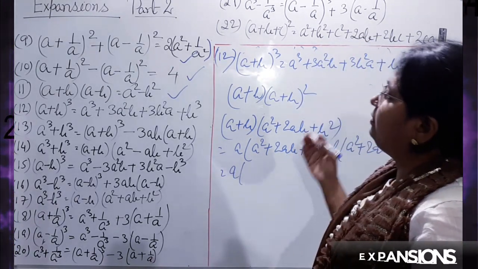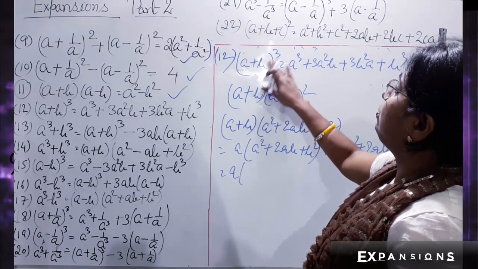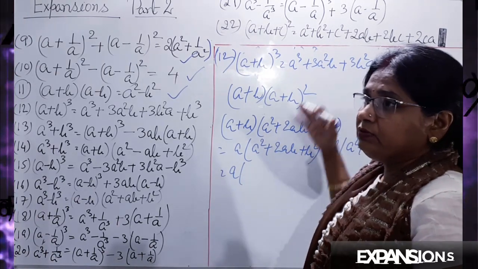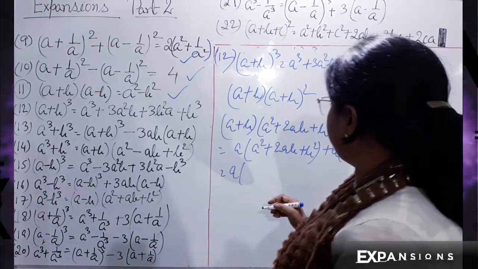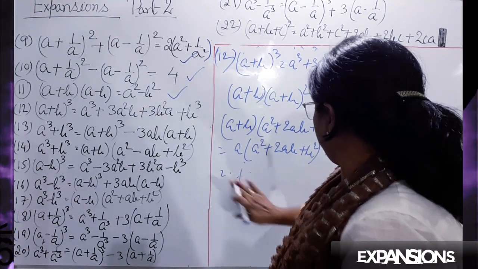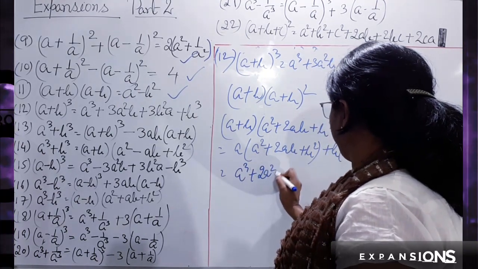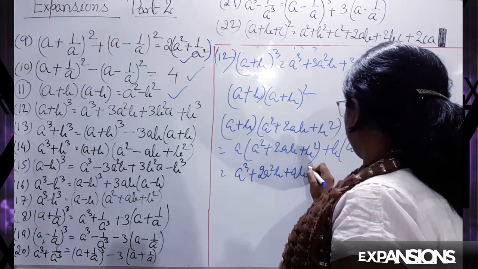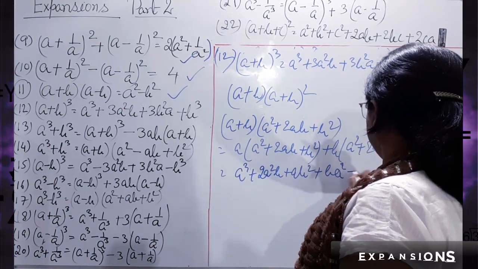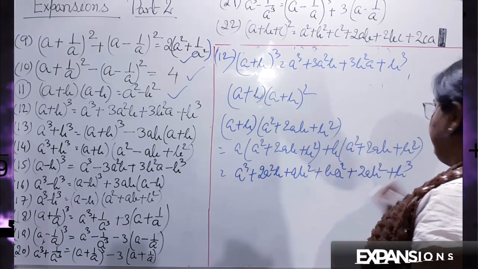When you understand how to get (a + b) whole cube equal to this, then it will be easy to memorize. That's why I am explaining all these identities. Now a cube plus 2a square b plus ab square, plus b a square plus 2ab square plus b cube.